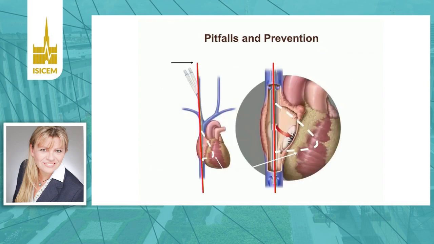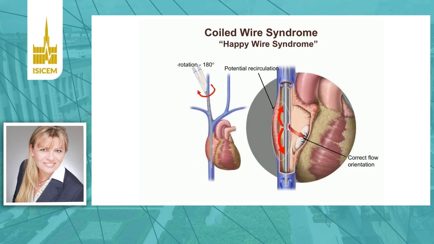This is the picture of what we are talking about, the wire kinking, as shown by the arrow. And this is the most dangerous situation for arterial perforation. And this is what we call happy wire syndrome.